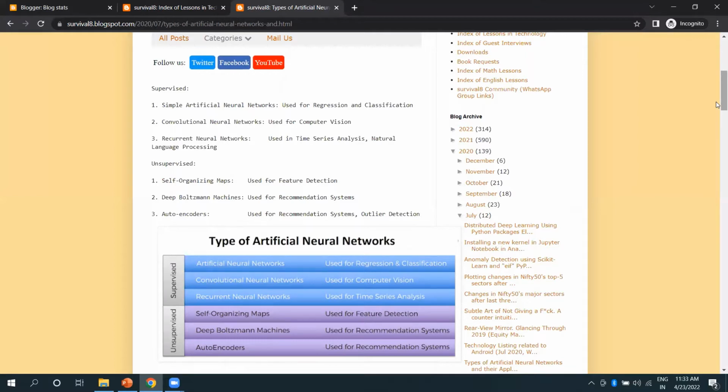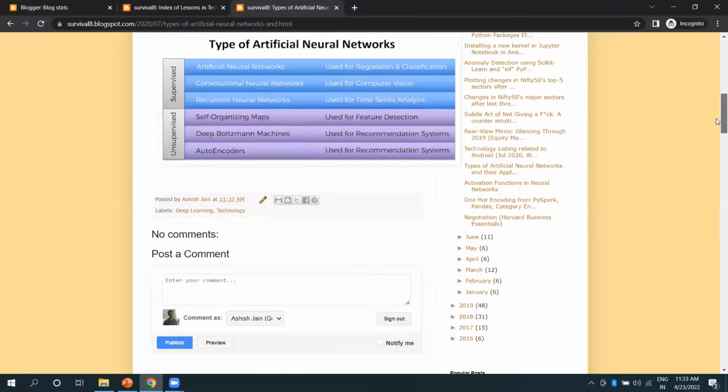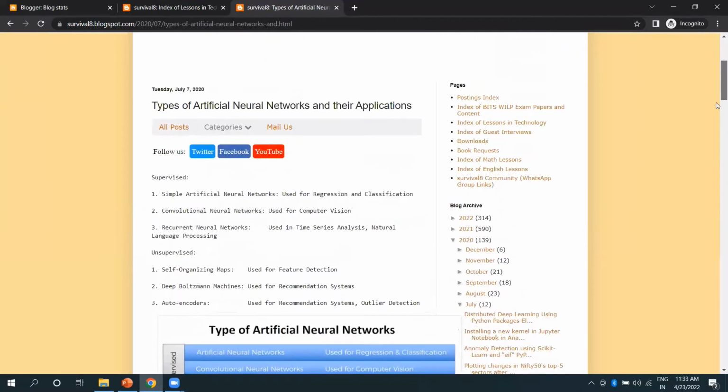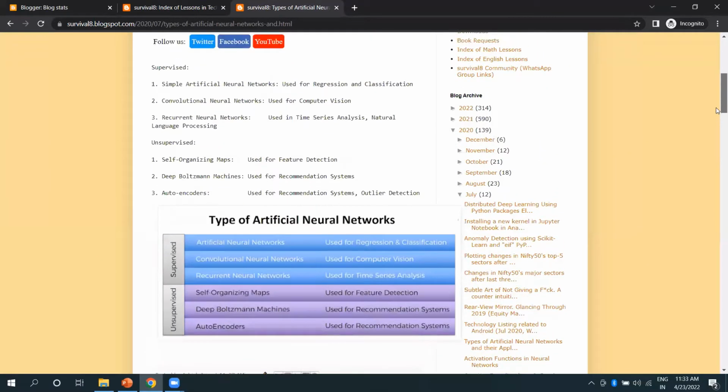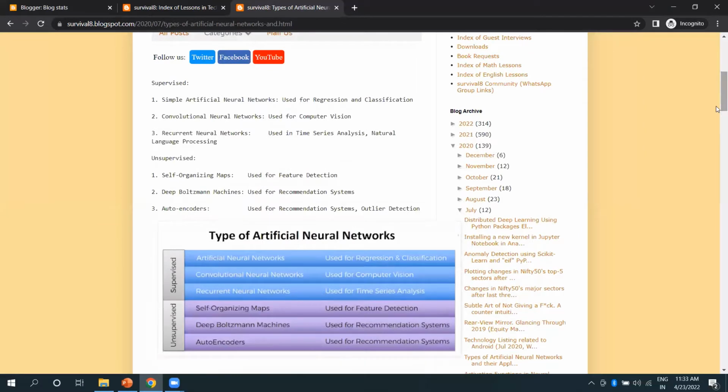Then there are unsupervised neural networks, like self-organizing maps, deep Boltzmann machines, and autoencoders. But this is a very high level view of what you might see in the future if you start a journey with neural networks.